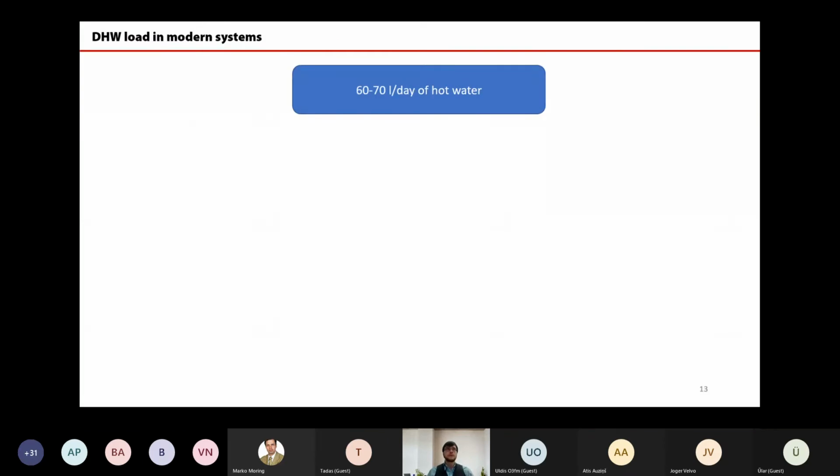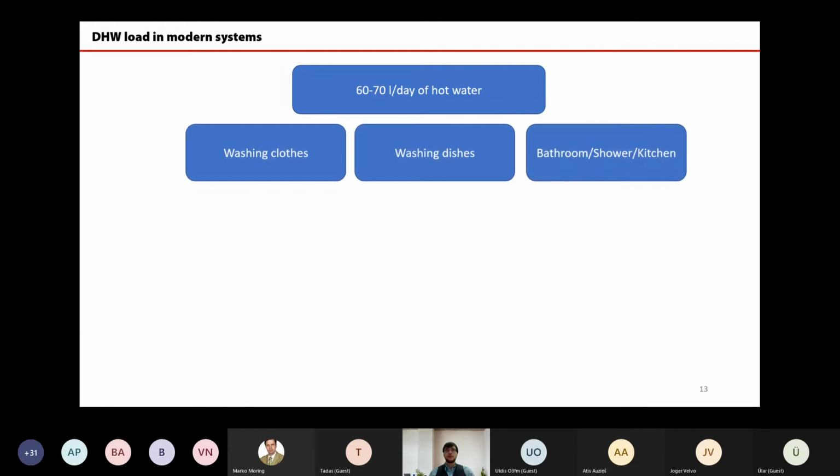If we look in the norms of district heating, let's say for all the countries coming from ex-USSR, that means the Baltics, Ukraine, Belarus, Russia, mostly the norms specifying the domestic hot water consumption say 60 to 70 liters per day of hot water per person. This originally came about because we used domestic hot water for washing dishes, and then for the bathroom, shower, and of course the kitchen sink.